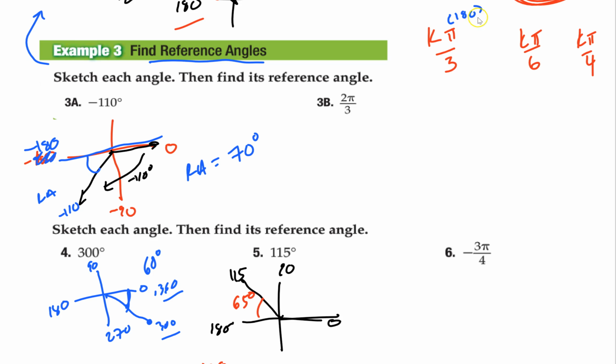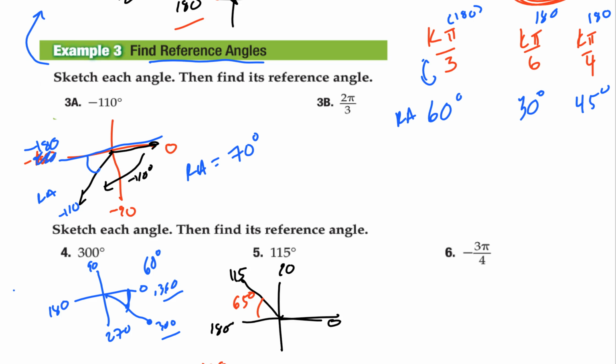So you have 180 over 3, and 180 divided by 3 is 60. Anytime you have one of these, I don't care what's on top; what's on the bottom tells me what the reference angle is. It's 60. Same here: this is 180 over 6, and you divide that to get 30. And pi over 4 is 180 over 4, which is 45. No matter what you do, you're going to have to know that. Coming up, we're going to use this a lot.